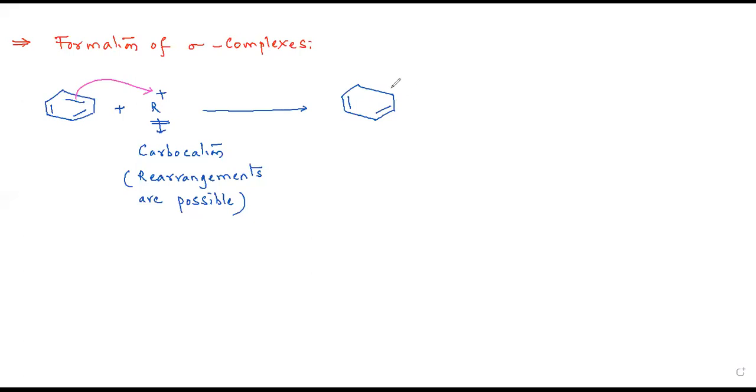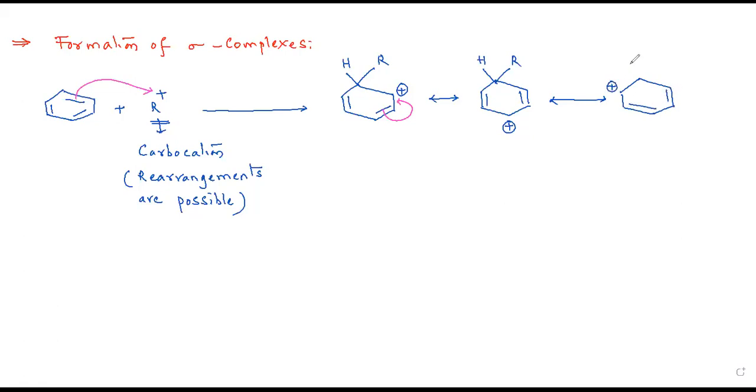We get H and R positive. Undergoes rearrangement. Now these are the sigma complexes.